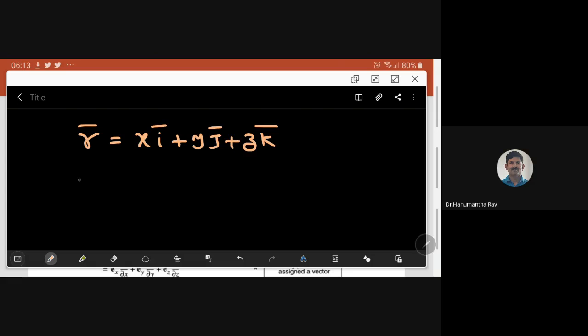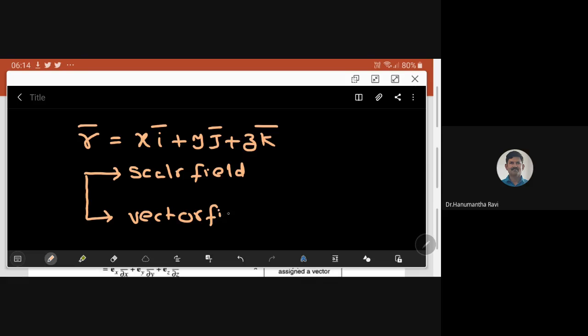Then we deal with two types of functions, as we told before. One is called scalar field, and the other is called vector field. Sometimes the same position vector can also be represented like this, and this we have already discussed in the previous session.